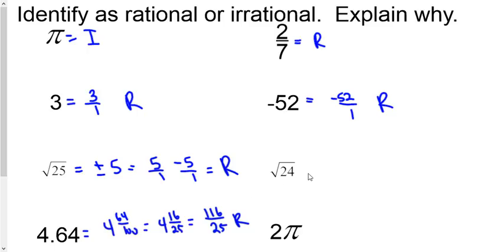This is an imperfect square root. I can't make it into a fraction, so it's irrational. It's a decimal that goes on forever without repeating. And see this part right here, that pi? As soon as I take the 3.14 and the rest of those decimals that go on forever, once you multiply that by 2, it will make it irrational.